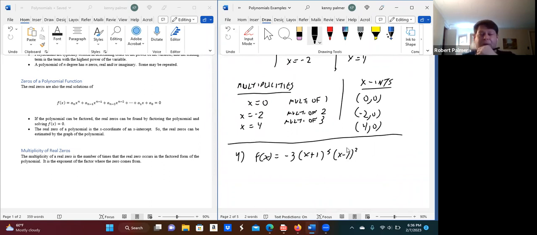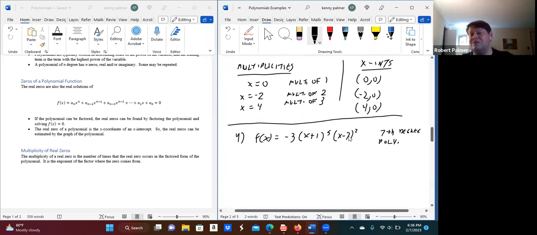Now, let's say this is our polynomial. What degree would this be? If you multiply this all out, we can think about our powers of x. You'd have 5 powers of x here and another 2, so this would be a 7th degree polynomial. But we don't have 7 distinct roots.